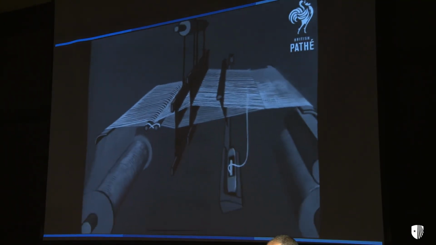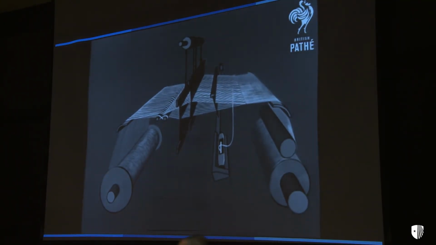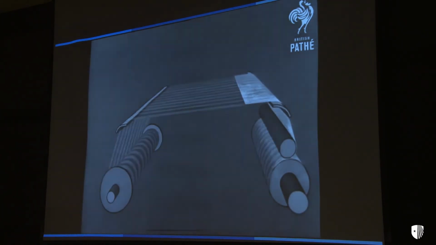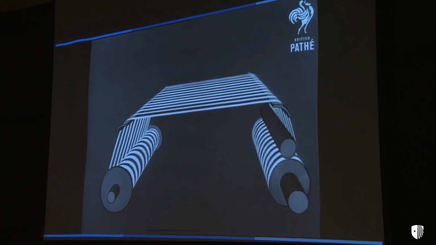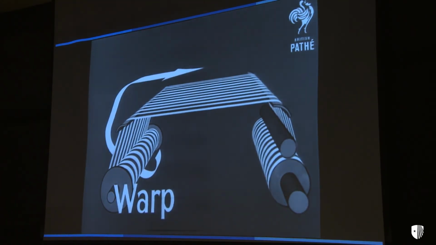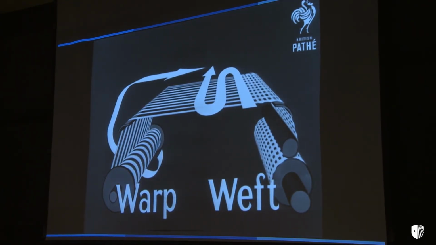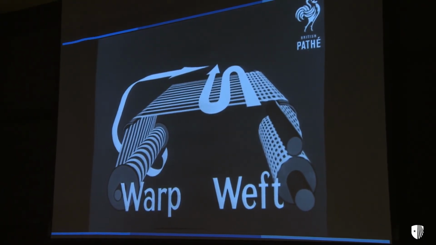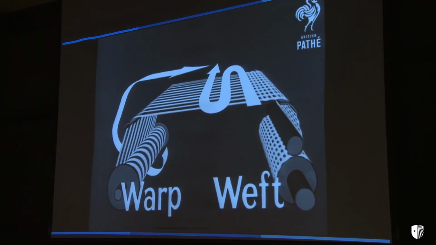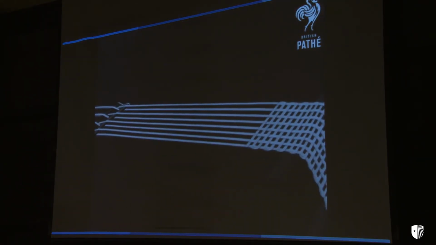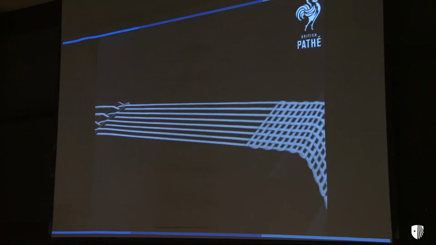Here's the warp threads that run the length of the cloth. And here's the weft, threads that run across the cloth. But the point is, how does the weft go over and under the warp? It's the heddles that will show how this is done.